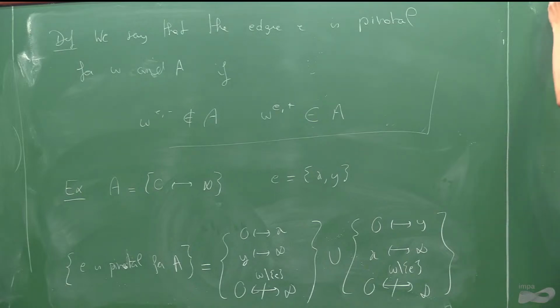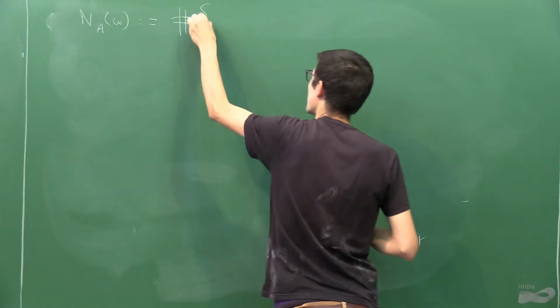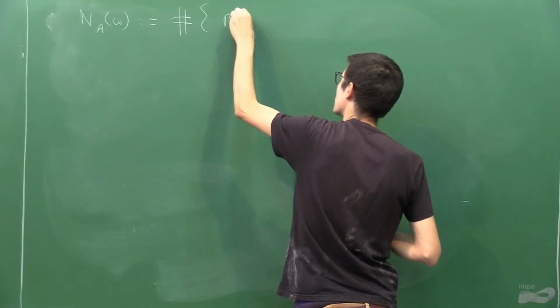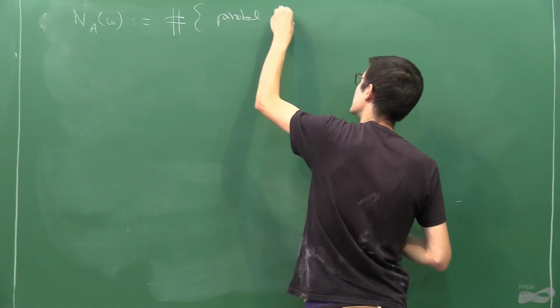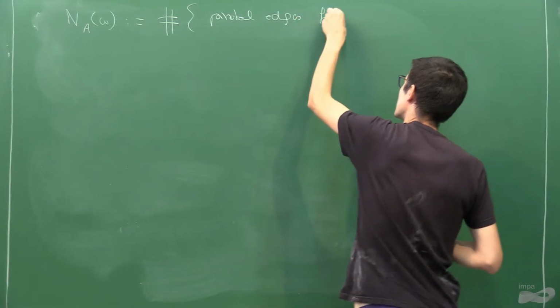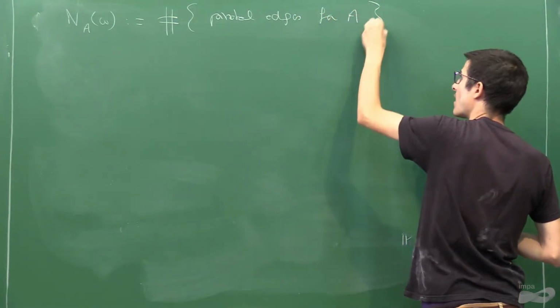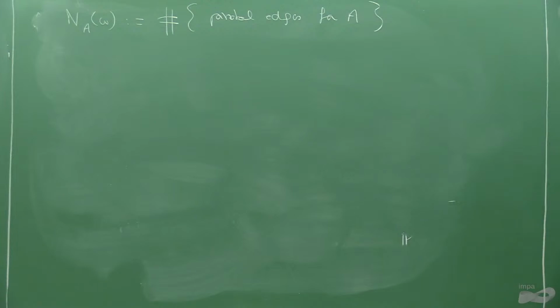Okay, so now I will define N_A of omega, which is the number of pivotal edges for A. So it's a random variable. It's really something which is determined by a configuration omega.